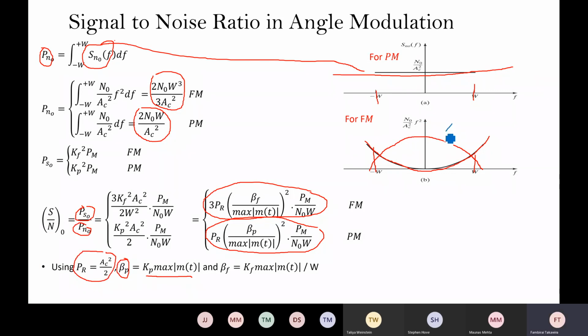This is what you do at the receiver. And if you do this at the receiver to a noise that actually has a power spectral density like that, then you end up with a flat power spectral density. But doing this at the receiver means you are distorting the received signal power, which means you need to do this at the transmitter before noise.